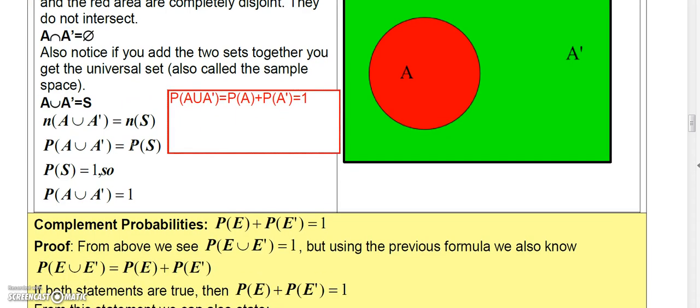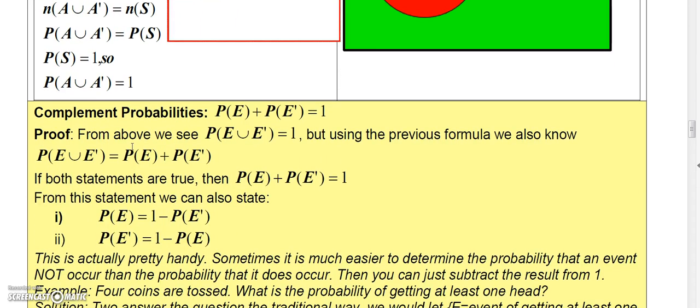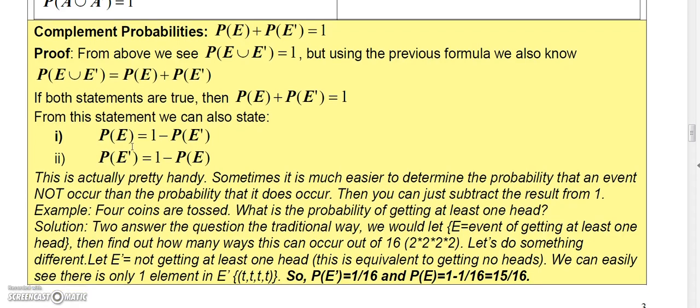When I put this in a formula, I actually used E, since E is usually used for an event. So the probability of an event E plus the probability of E prime, not the event, always has to equal 1. And since that statement's always true, we can solve for the probability of E in terms of the probability of E prime using just some simple algebra.